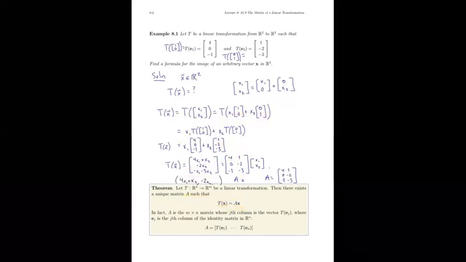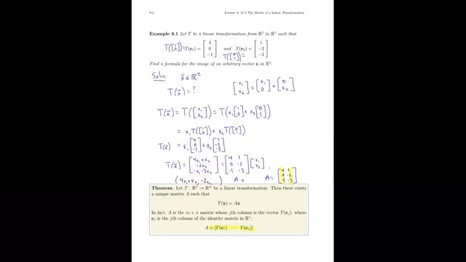Notice the second part of this theorem gives me what I was suggesting before, right? That we can just take the columns of T's image on the standard basis vectors and just form the matrix from that. It's exactly what this line right here is saying.